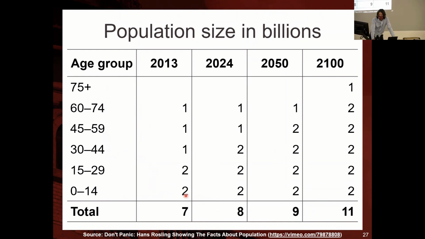People between 0 to 14, around 2 billion, 15 to 29, 2 billion, and then the other groups, 1 billion. So these people are getting older, mortality is declining, so these people get older and get into older groups. So what's pretty much happening now? Fertility is declining, okay, some countries below the replacement level, but on average, roughly around 2 children per woman. So what's going to happen is just these people getting older, and then they are producing these babies here.